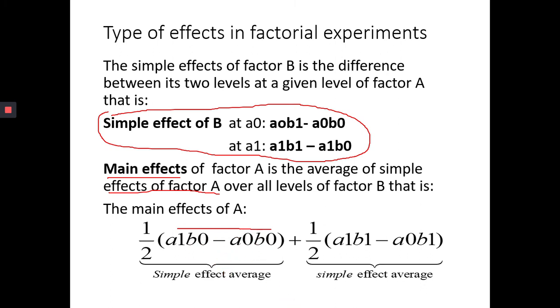Look at the definition of main effect. Is the average of simple effect of factor A over all levels of factor B. Remember, factor B has got two levels, B0 and B1. So the average, that's why we are dividing by 2. Dividing by 2 because we are looking at the average.